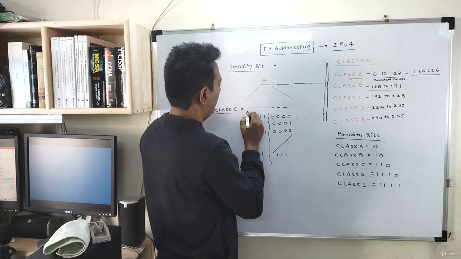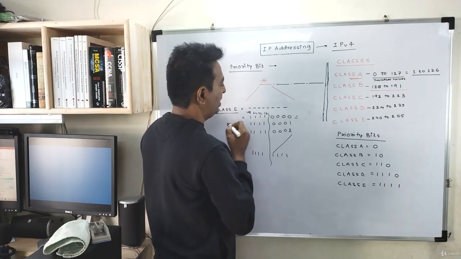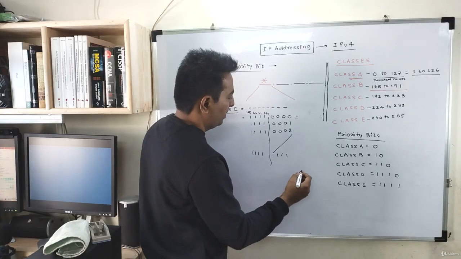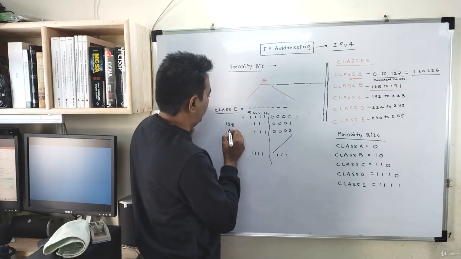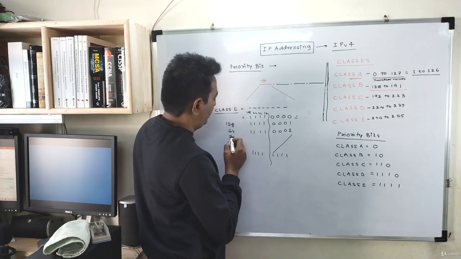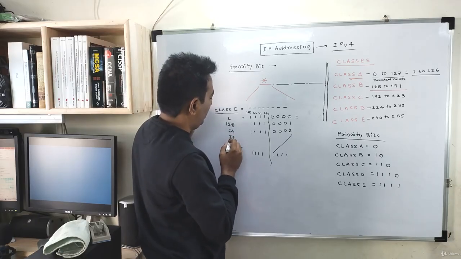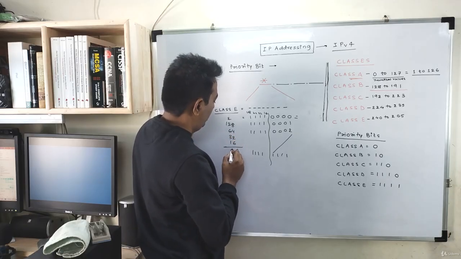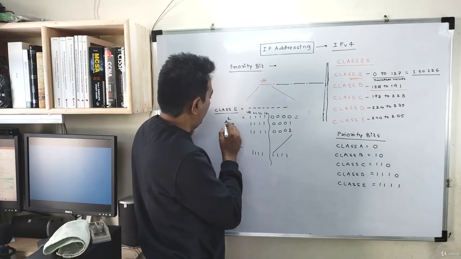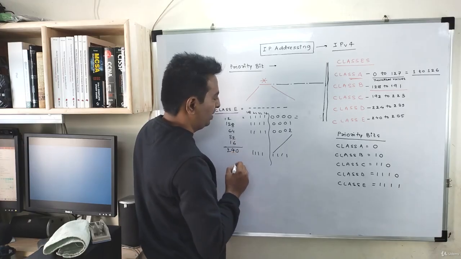So this is 128, 64, 32, 16. So if you add all these, 128 plus 64 plus 32 plus 16, 12 plus 2, 14 plus 6, 20, carry 2, 4 plus 6, 10 plus 4, 14, it comes out to be 4, carry 1, so it's going to be 240.